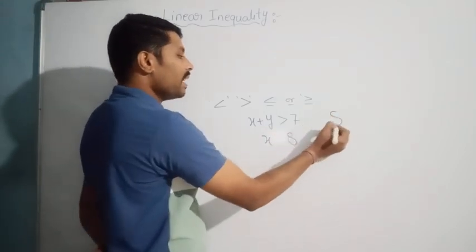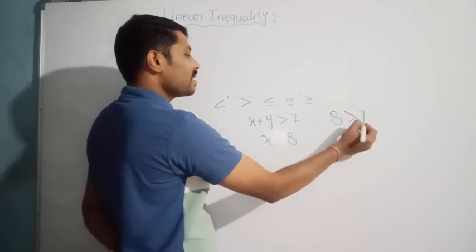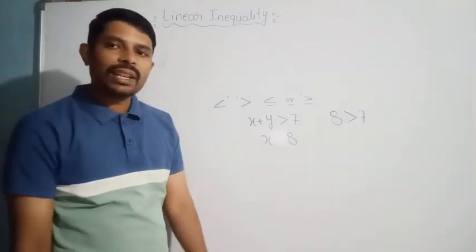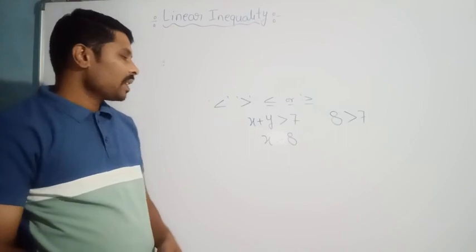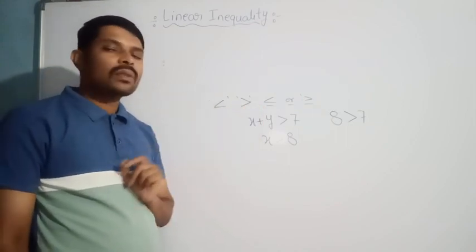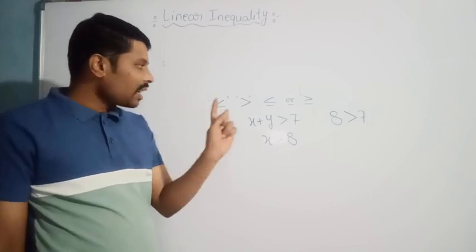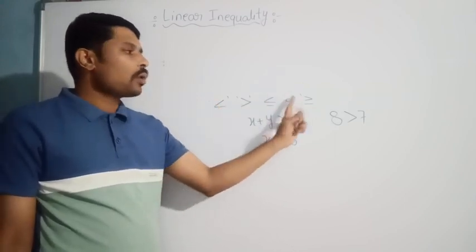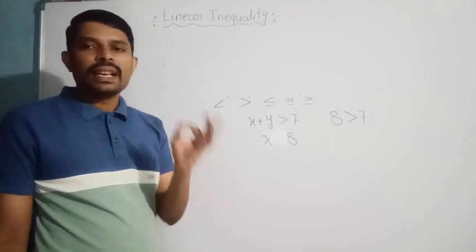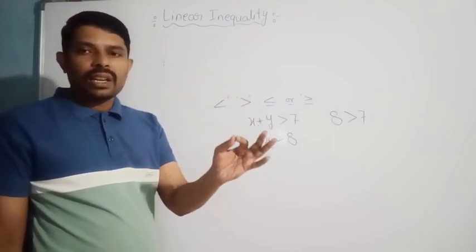Or 8 is greater than 7, this is also an inequality. So any two real numbers or any two algebraic expressions, if they are connected with any of these symbols, then that is called a linear inequality.